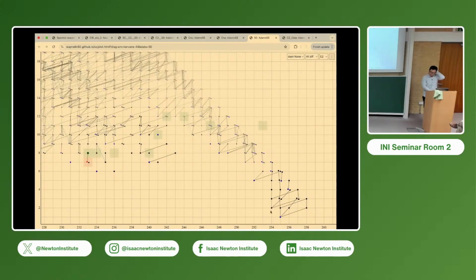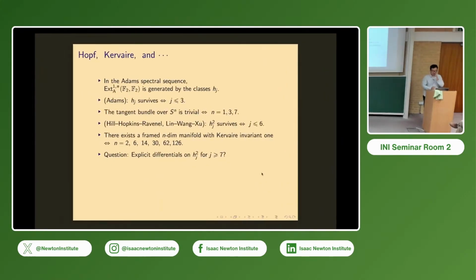So presumably, I do not expect the computer program to give us a differential, but together with this inductive approach and some ad hoc arguments, it's possible that one can actually find an explicit differential on h7 squared, and then inductively maybe that allows us to produce differentials for later Kervaire classes.